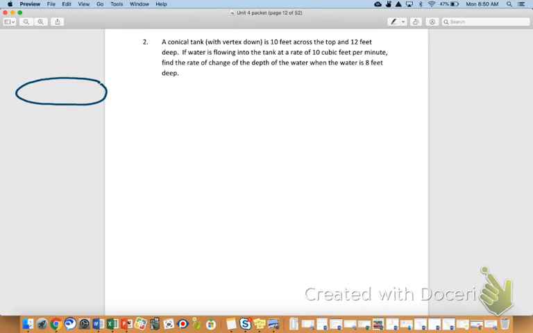So here is my conical tank. And then I'm given some dimensions on this tank. I'm told that it's 10 feet across up there at the top, and it's 12 feet deep, like so.